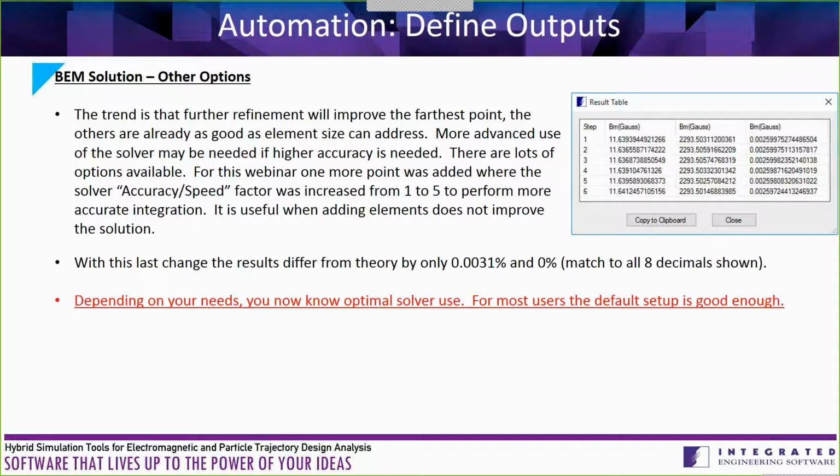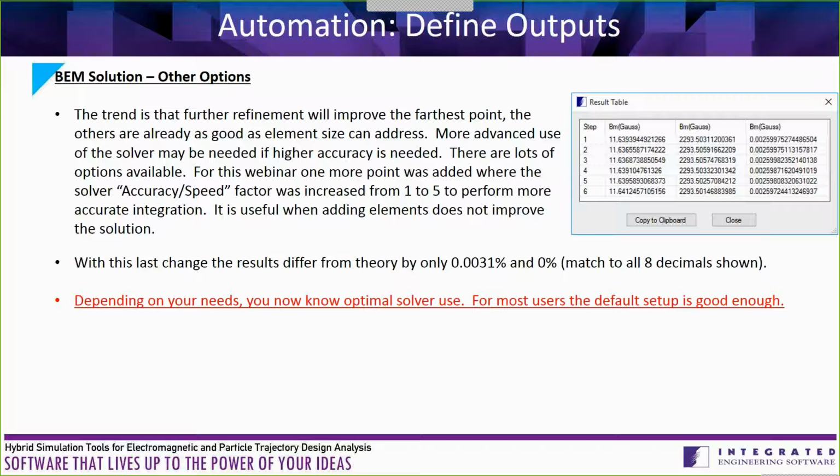If they're not good enough, I can simply carry on, of course, but I can also start doing some other things. So given that the answer has settled down, what I did was I worked with a solver setting called accuracy/speed, and existing users who aren't familiar with this and want to know can talk to me about it sometime. But what it basically does is it affects the accuracy of the computations at the expense of speed.